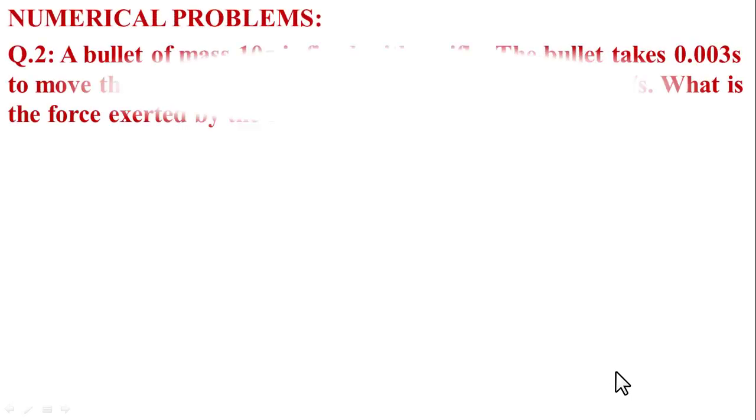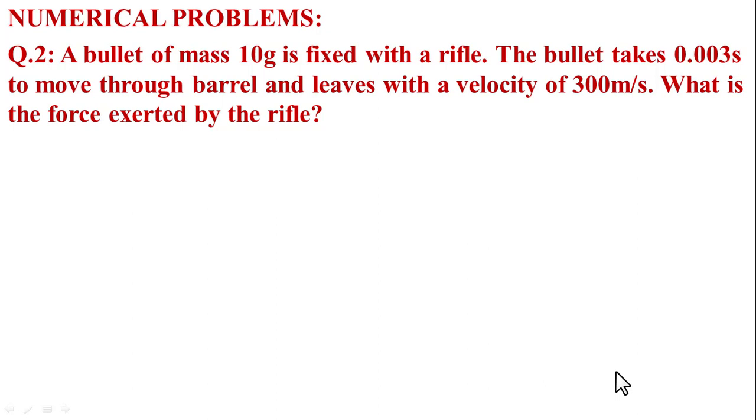Now we will start the next numerical problem, question number 2. In question number 2, the given statement is: a bolt of mass 10 gram is fixed with a rifle. The bolt takes 0.003 seconds to move through a barrier and leaves with a velocity of 300 meters per second.